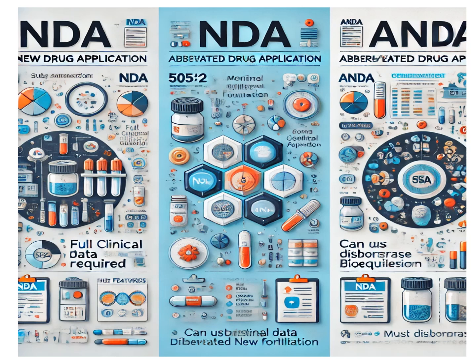NDA is a new drug application. 505(b)(2) is also a type of hybrid application and ANDA is the generic application. In NDA, full clinical data is required. You have to prove the safety and efficacy. Complete clinical evaluation is done.